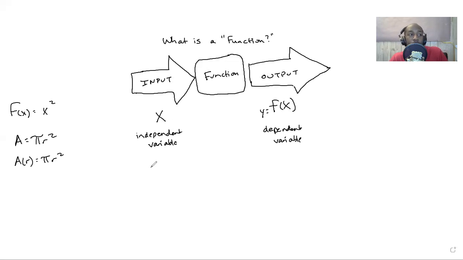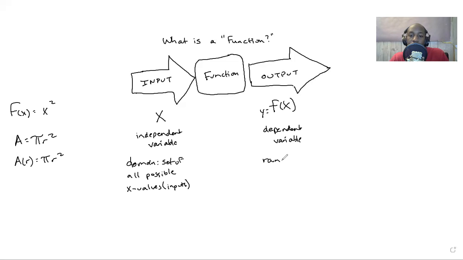Now, some definitions here. The domain is the set of all possible X values, or all possible inputs.